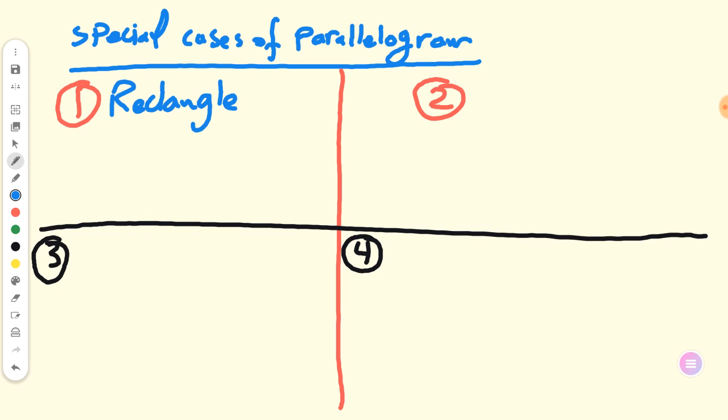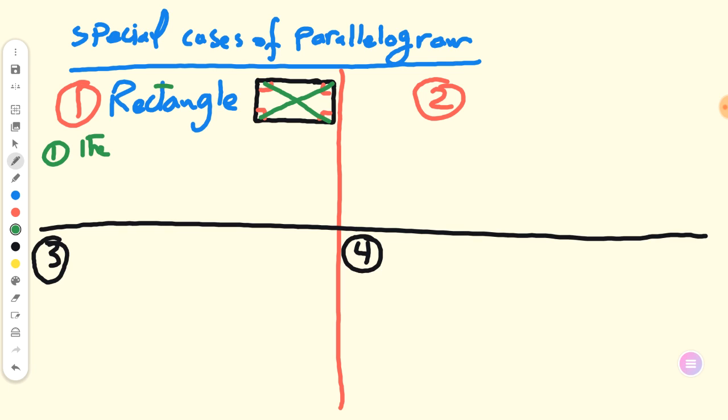A rectangle is a parallelogram, but has 2 additional properties. As you know, we can draw it like this. It has right angles. All its angles are right. And the 2 diagonals are exactly equal. So it has all the properties of a parallelogram, with what?